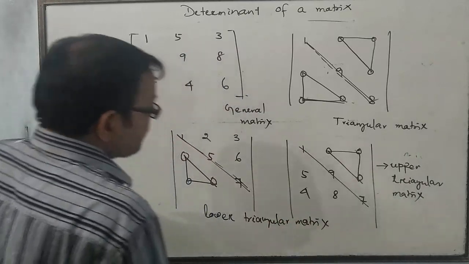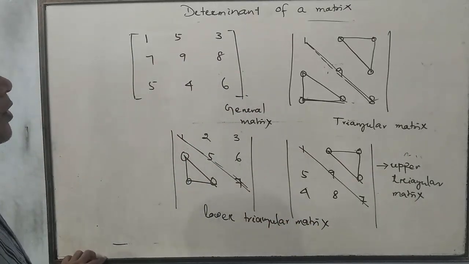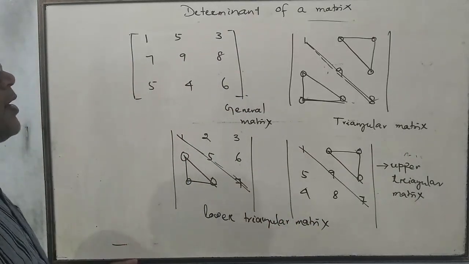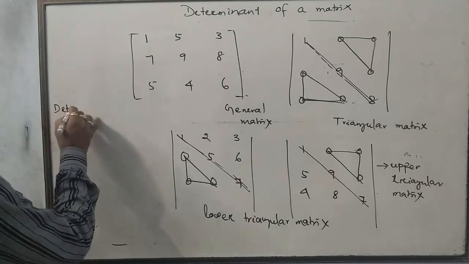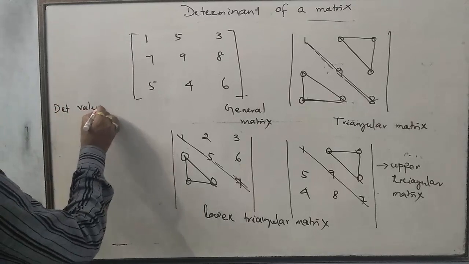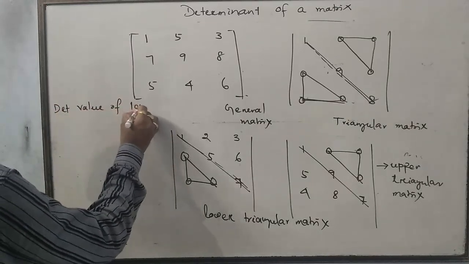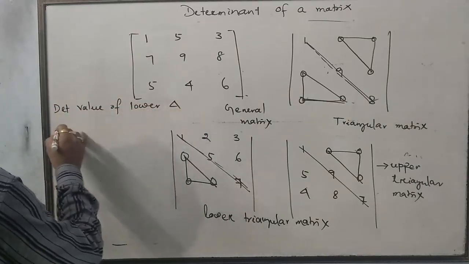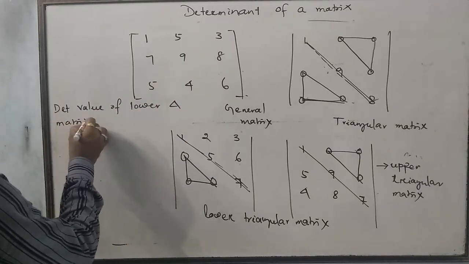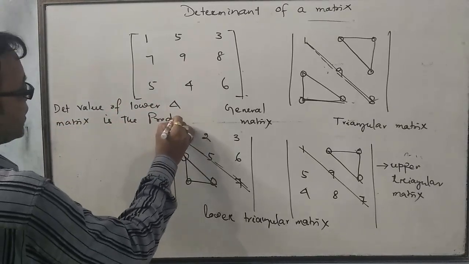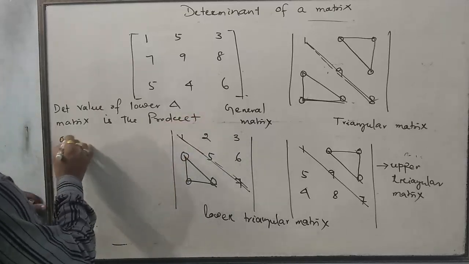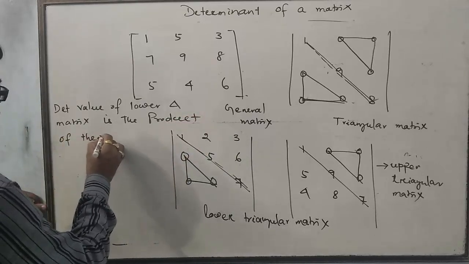What is the determinant value of an upper triangular, lower triangular or any triangular matrix? The determinant value of a triangular matrix is the product of its diagonal elements.